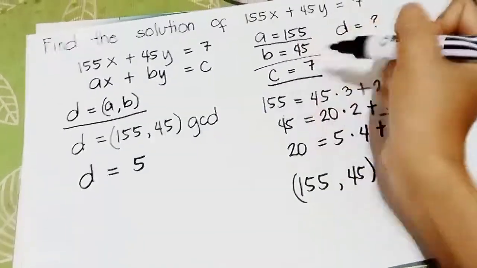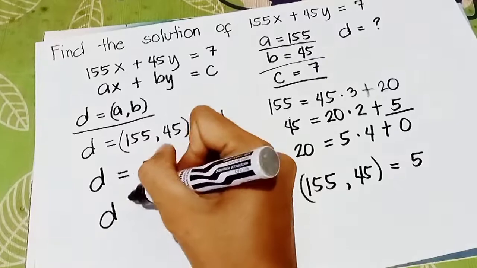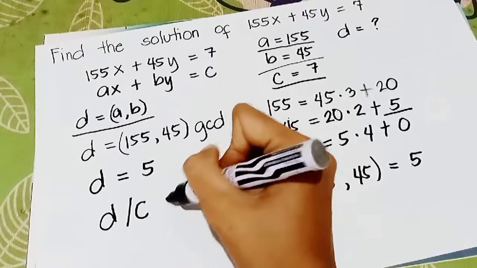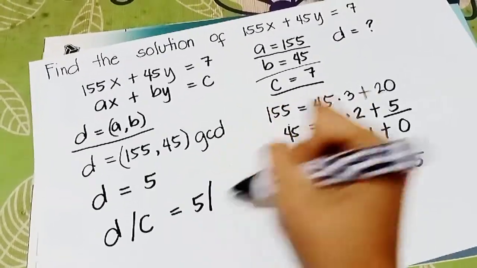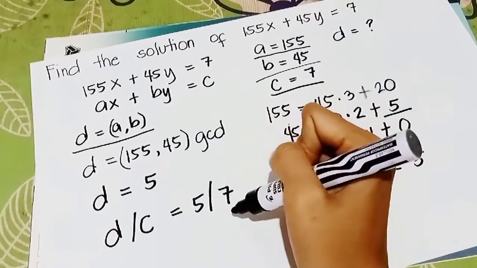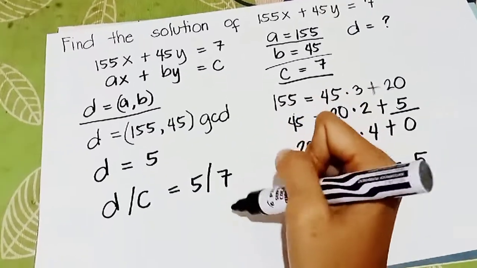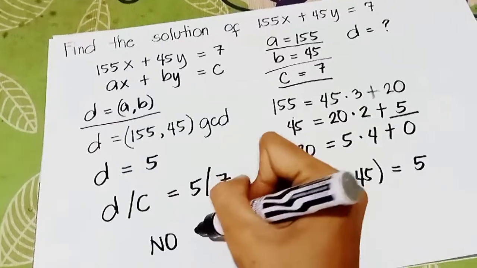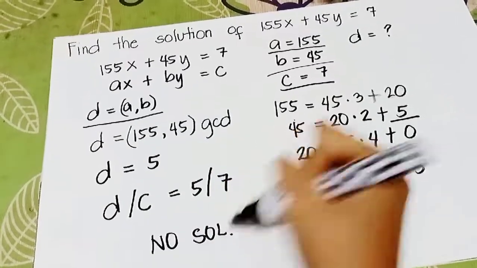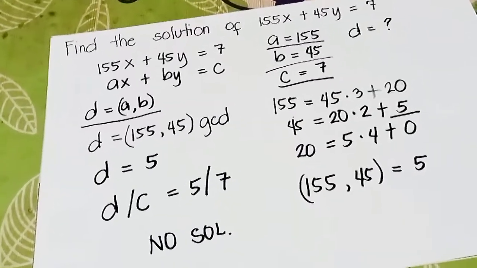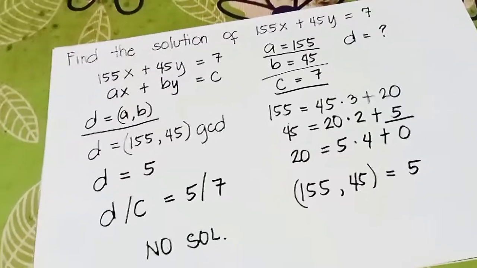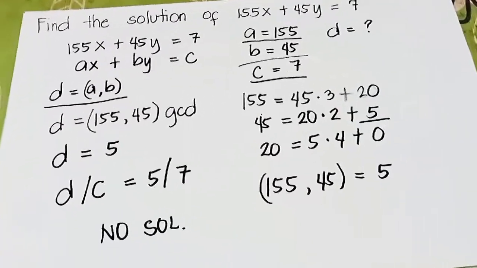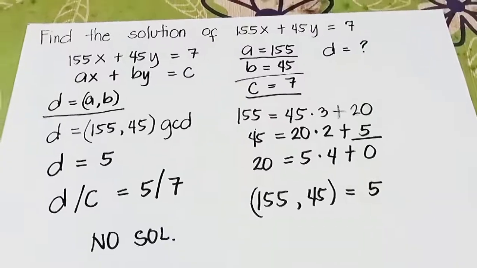Therefore, does d divide c? Does 5 divide 7? No, so there is no solution, because 5 doesn't divide 7.